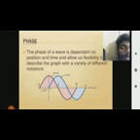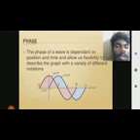We can call them cos omega t for the red one and sin omega t for the blue one. Like this, theta is equal to omega t.